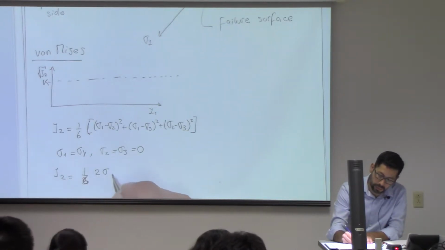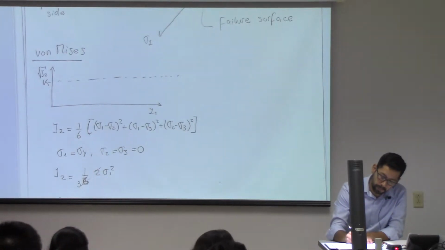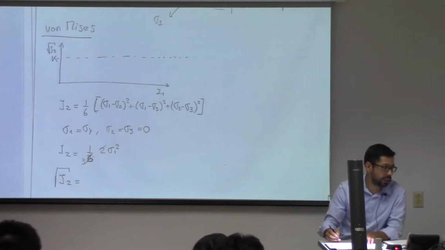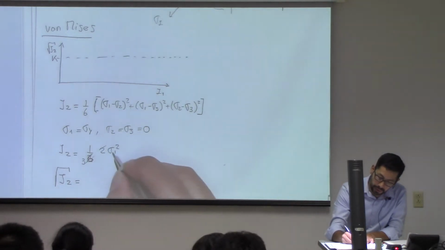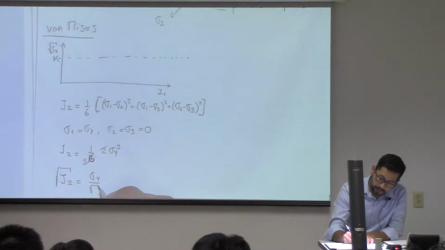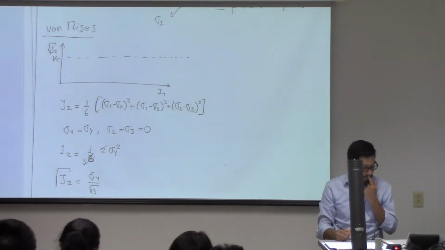So 2 sigma 1 squared, that's 1/3. So the maximum J2, or square root of J2, as we have it over here, is going to be sigma y divided by square root of 3.